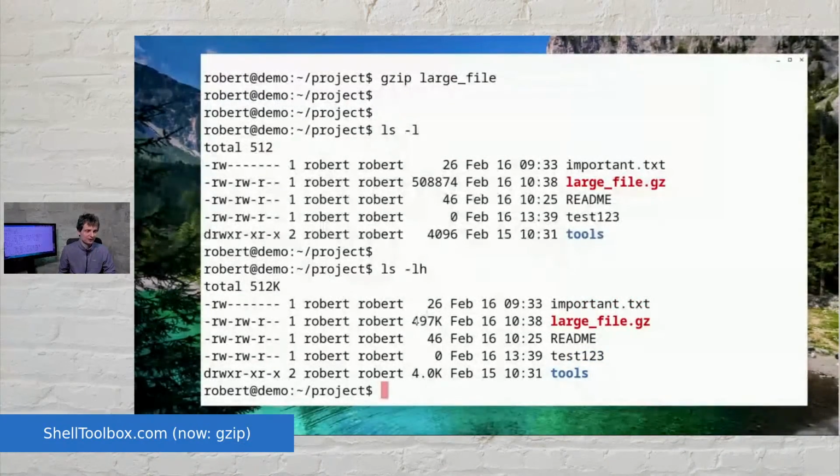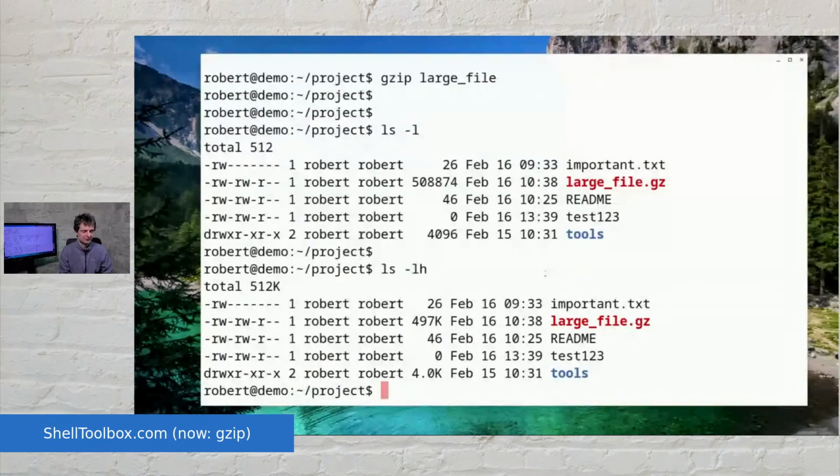We have 497 kilobytes. The original size was 500 megabytes. This is because the large file contains mostly zeros, byte-wise zeros, and therefore it can be compressed this well.